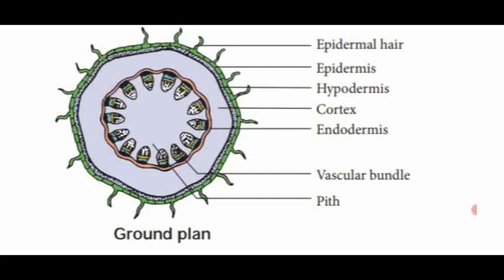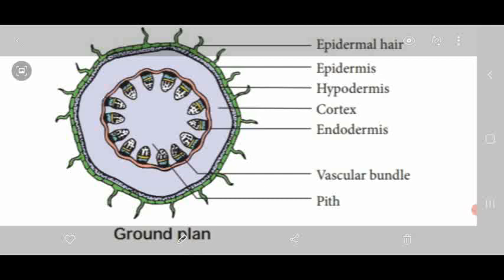Then inner to the epidermis, the region is called cortex. The cortex is divided into three regions: hypodermis, middle cortex and inner cortex. The hypodermis is made up of collenchymatous cells, which are protective in function and also give mechanical support.